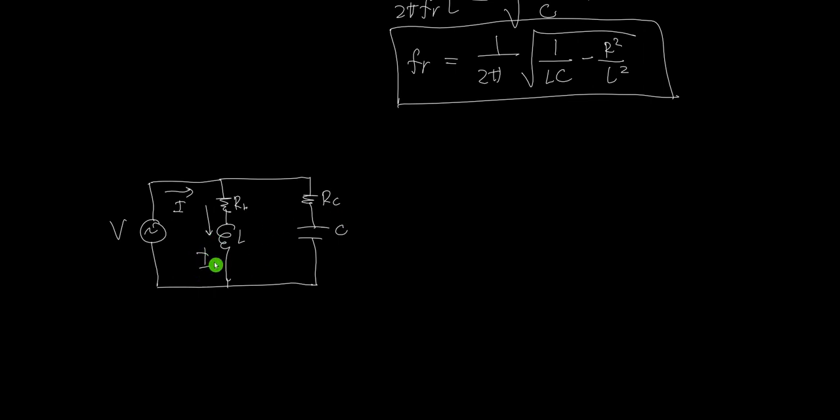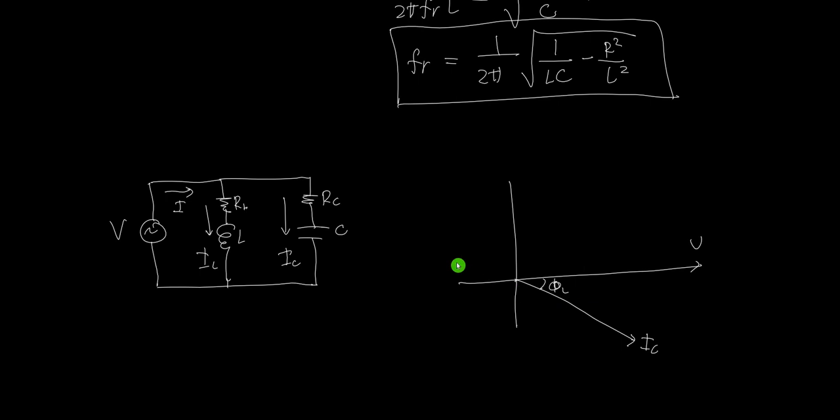So if this is IL, the current flowing through the coil, and the current in the capacitor is IC, and we plot that again in our phasor diagram, this is our voltage. Again, IL is somewhere here. It's lagging the voltage. IL is lagging the voltage by some angle phi L.